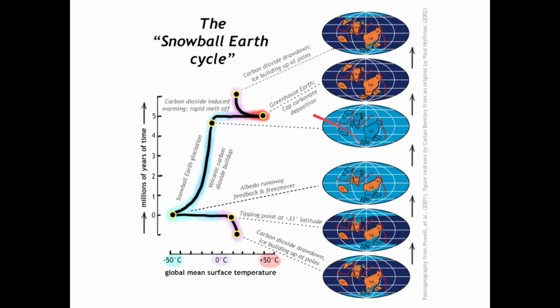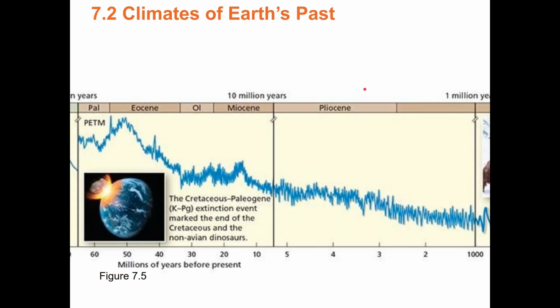They think over time, volcanic activity led to an increase in carbon dioxide in the atmosphere because there were no plants, right? Everything was covered with ice, so nothing was absorbing carbon dioxide. If volcanoes emit carbon dioxide, it accumulates in the atmosphere, which warms the atmosphere, which breaks it up. So as Snowball Earth progressed, it allowed carbon dioxide to build up, which then triggered the melting of everything. But it's interesting. Totally fascinating.